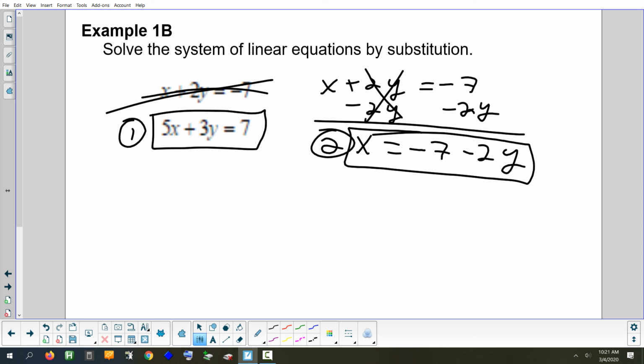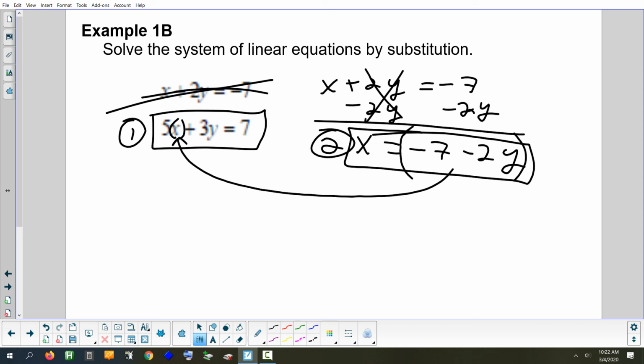On which side? On the right side. Put parentheses around all the stuff that's on the other side with the single letter. And now in equation 1, which letter gets parentheses around it? X. And what am I going to do with that -7 minus 2y? Yeah. I'm going to plug it in right there.